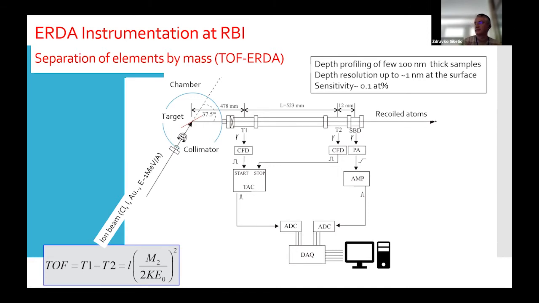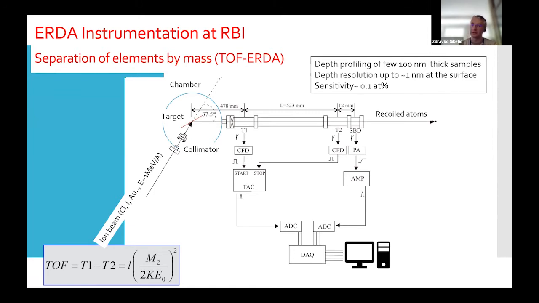For our setup, or setups around the world, depth resolution is close to 1 nanometer at the surface. It then gets worse when you go deeper inside the sample. You can profile thin films of a few hundred nanometers thickness.